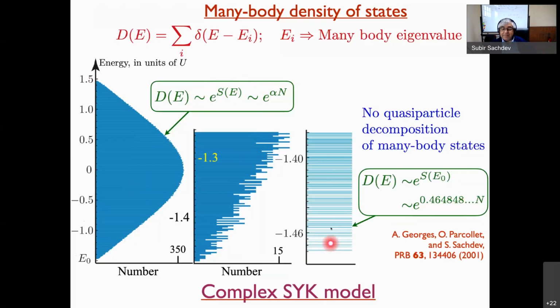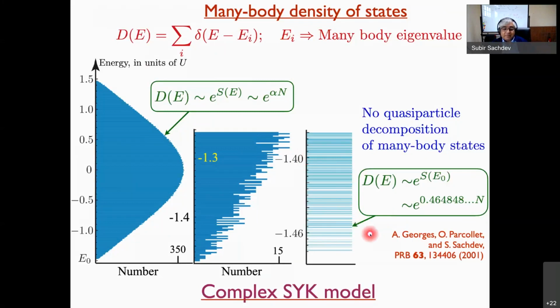The fact that there's an exponentially large number of energy levels down here immediately means that there is no quasi-particle decomposition, because the number of quasi-particles you have in any system is of order n, not of order e to the n. So you can't think of these exponentially large number of states in terms of rearrangements of a few quasi-particles. There's just not enough of them. And so this is really the first example of a solvable system which has essentially no quasi-particle description.